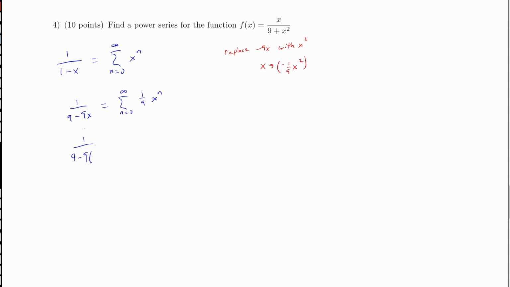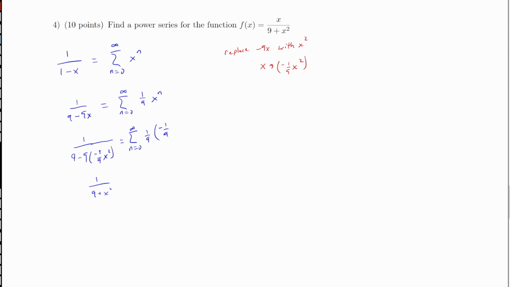So if I replace this x and compose it with a negative 1/9 x squared, I'll have the same thing as last time. Sorry, the negative 9 and the negative 1/9 will cancel, and so we'll just get plus x squared. So we do the same thing on the right.